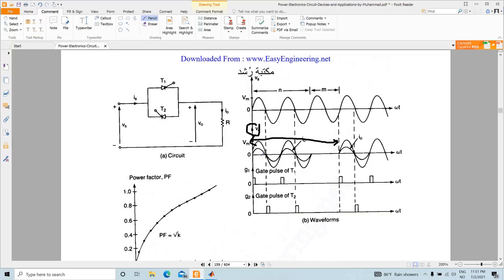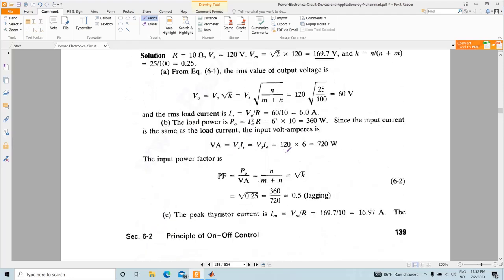This is because if you look here, your input current, the Is, the current that is coming in, is the same as the output current, and it is only when the thyristors are on that you will have the output current, and that means the output current is 6 amp, just as you calculated here. So your input current is also 6 amp, so your input volt ampere is 120 multiplied by 6, which is 720 watt.